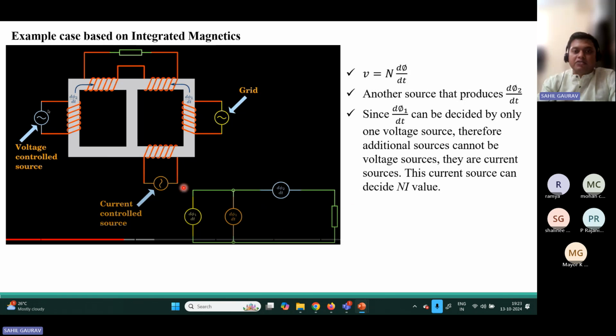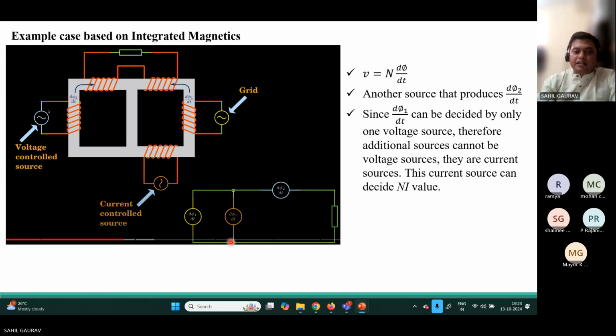So in magnetics also the same thing applies, in a different way. Here this voltage source is deciding the flux rate. So two voltage sources having different flux rates, you cannot connect in parallel.